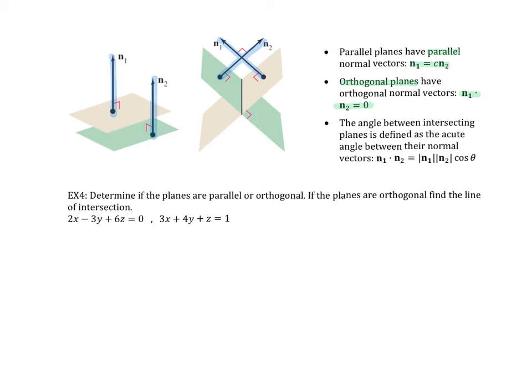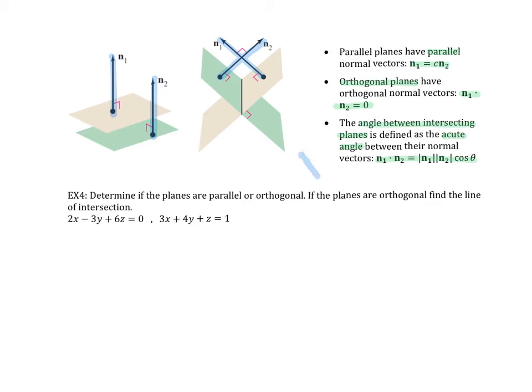And then the last property is that if you look at the angle between any two intersecting planes, they don't have to be orthogonal, they just have to intersect. We look at the acute angle between the normal vectors, and we compute it using the dot product.